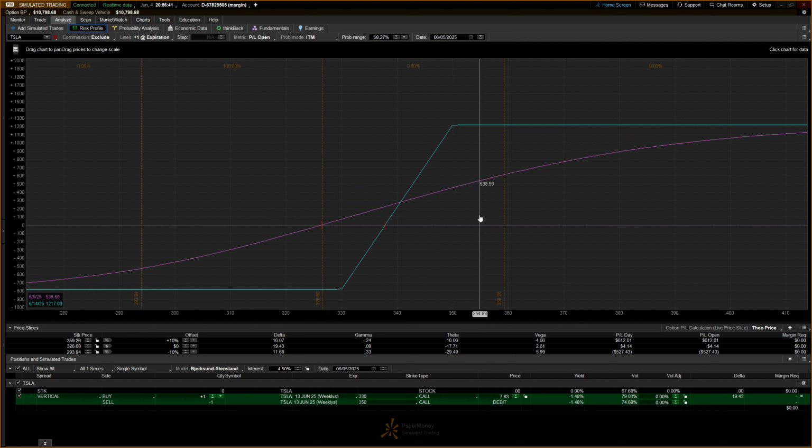But if you look here, now you also have a cap up here, just like you saw in the covered call. What a vertical spread does is it limits your downside and it limits your upside.